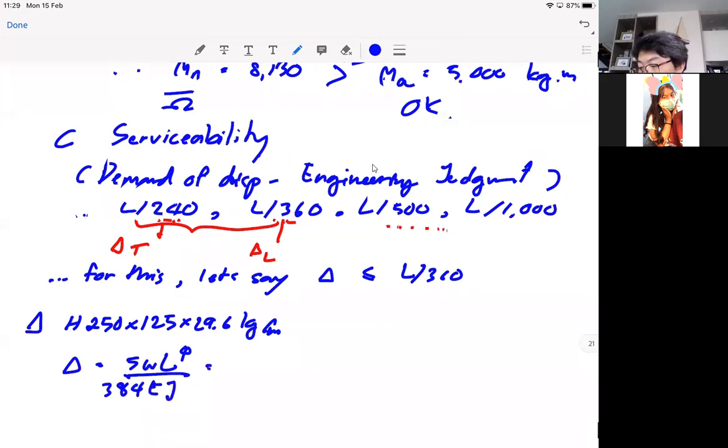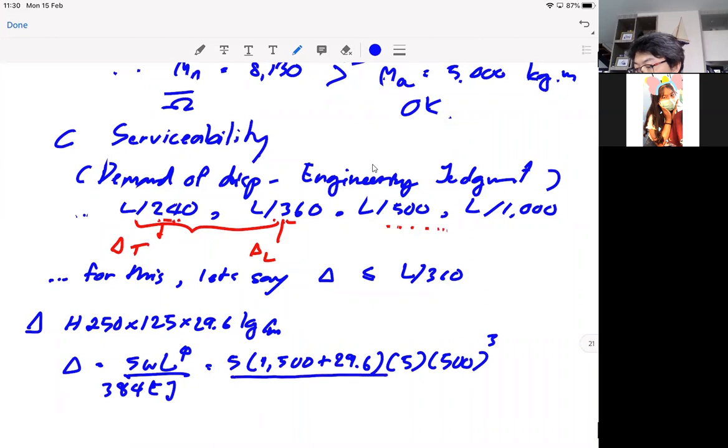Okay, so this becomes 5, and then we have 1500, right? That's your total load plus the weight of the beam, which is 29.6. Because this is in kilogram per meter, I will multiply this by meter, and then I will use the rest of the length in centimeters. So my old tricks. You guys, senior citizens, should feel familiar with this, right?